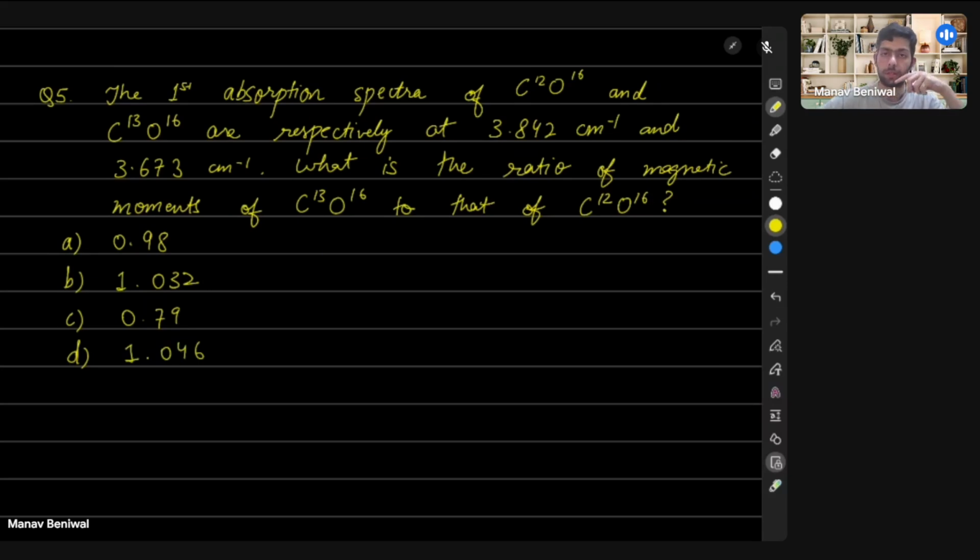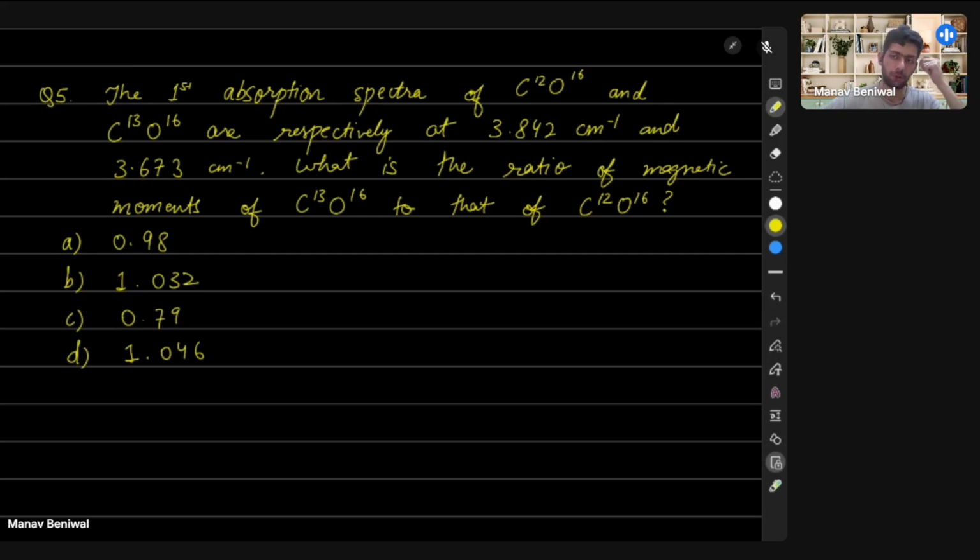Yeah, this is the fifth problem for today. The first absorption spectra of C12O16 and C13O16 are respectively at 3.842 and 3.673 per centimeter.